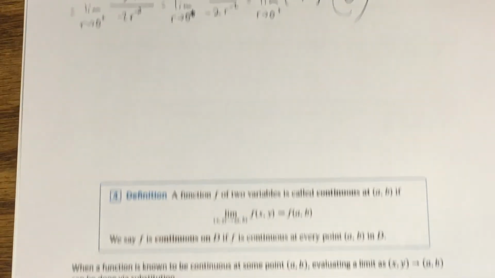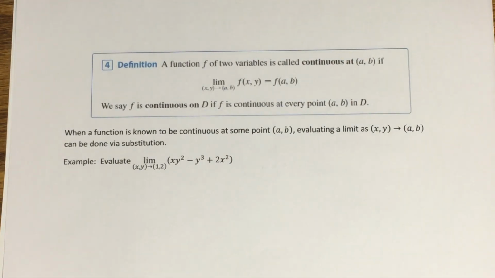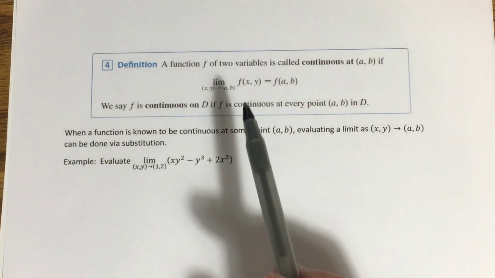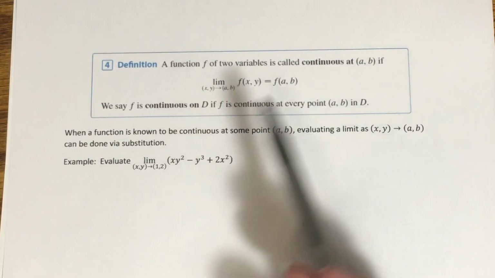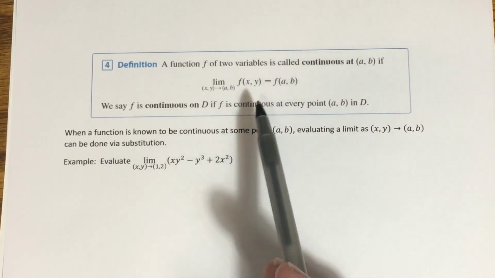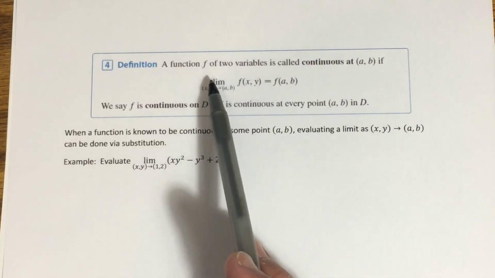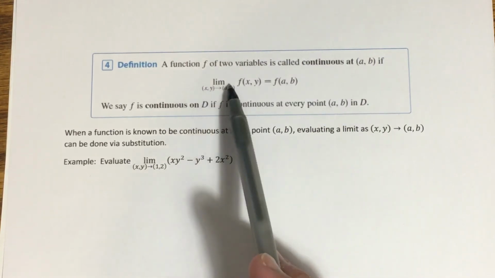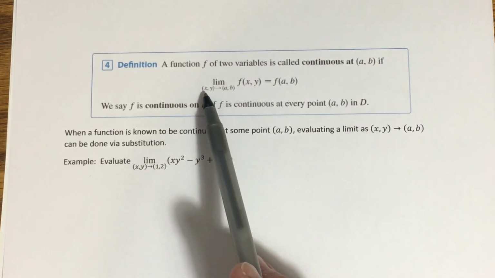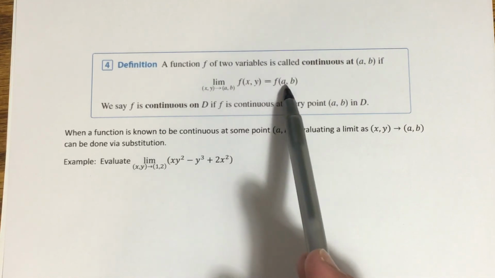Okay, a little bit left to talk about. So here is our definition of continuity, and it's essentially the same idea as how we define continuity for single variable functions. A function f is said to be continuous at a point (a, b) if the limit as (x, y) approaches (a, b) of that function is equal to f(a, b).